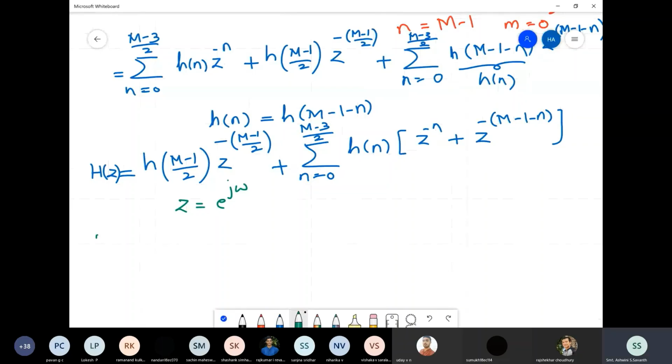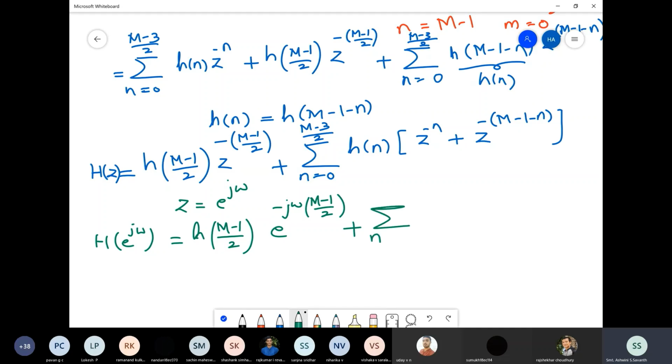So H of e power j omega is h of m minus 1 by 2 e power minus j omega times m minus 1 by 2, plus summation n equals 0 to m minus 3 by 2, h of n, e power minus j omega n plus e power minus j omega times m minus 1 minus n.